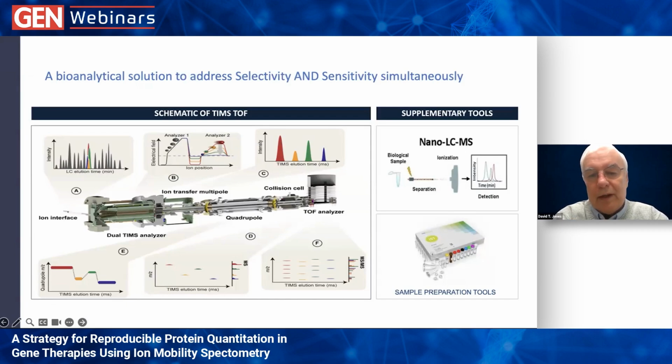You have the TOF analyzer, which gives you the accuracy. These things take on the order of fractions of a second, so you can see a lot of things in a very short time. And if you look on the right side of this slide, to talk to this issue of limited sample volume, you have the ability now to work with a nanoflow.